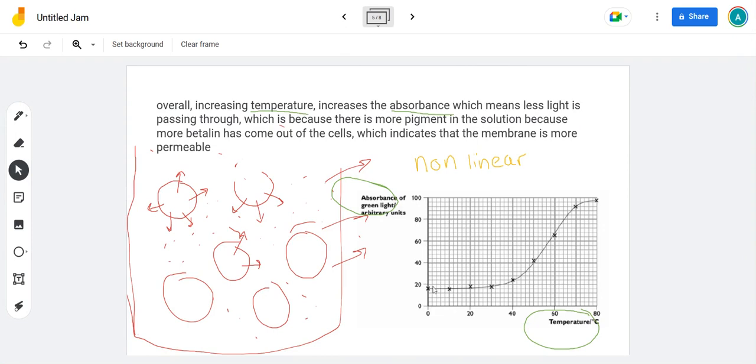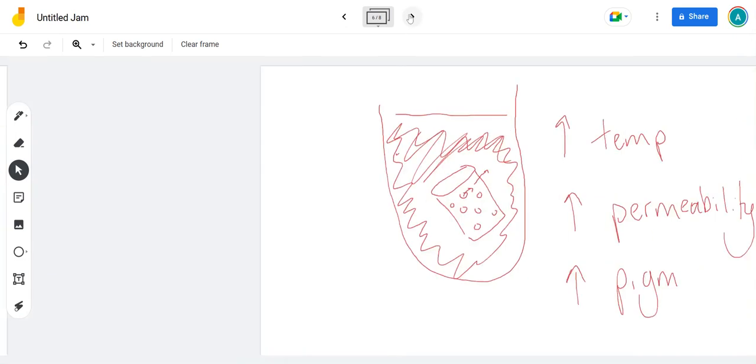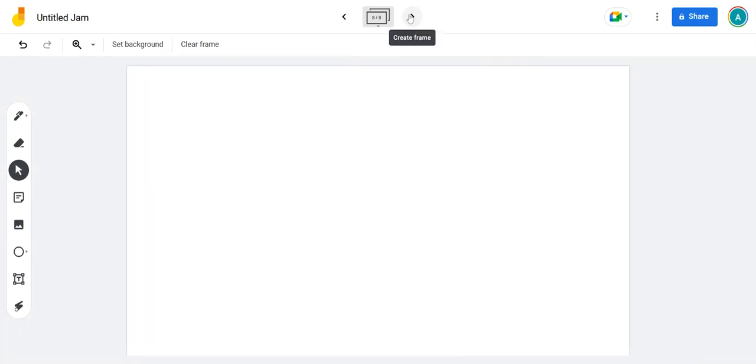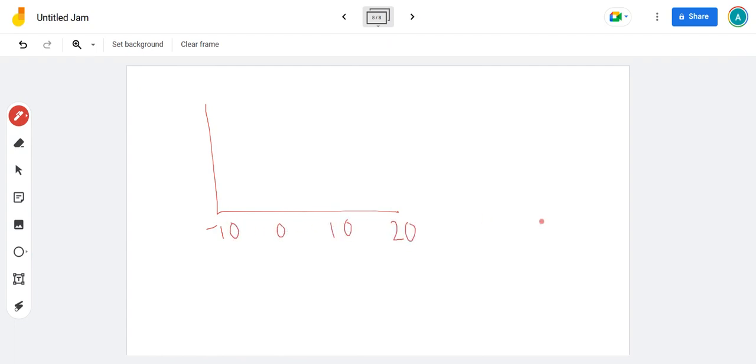Sometimes they give you a graph that goes lower than 0. Let me show you what that would be like. So if you did it down to like -10, 0, 10, 20, etc., 80, whatever, the graph would actually go like this.